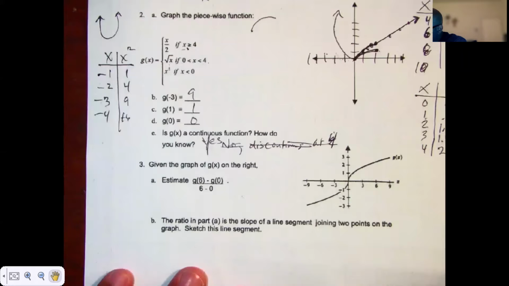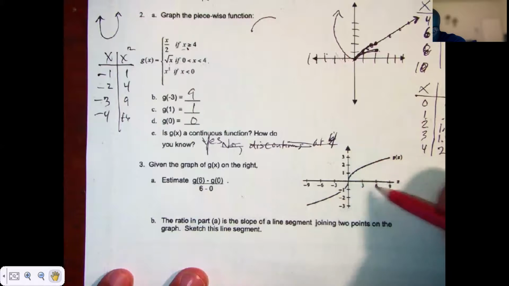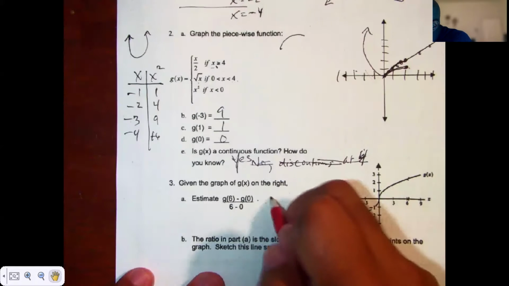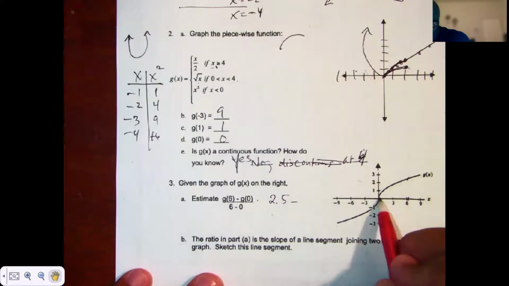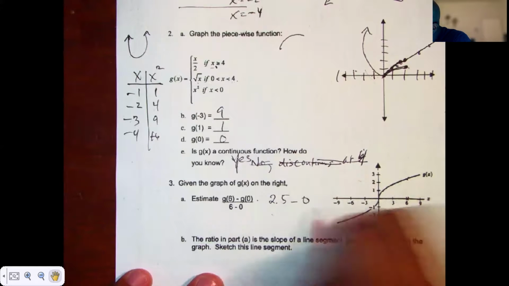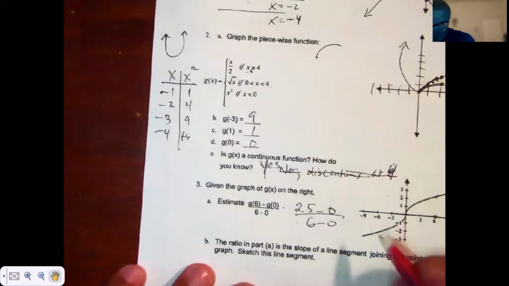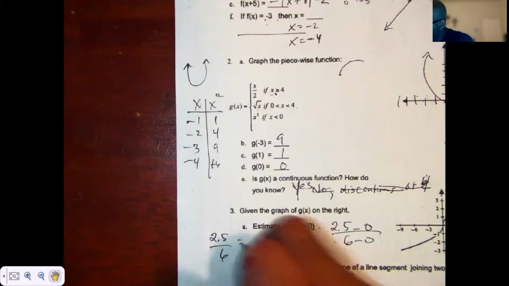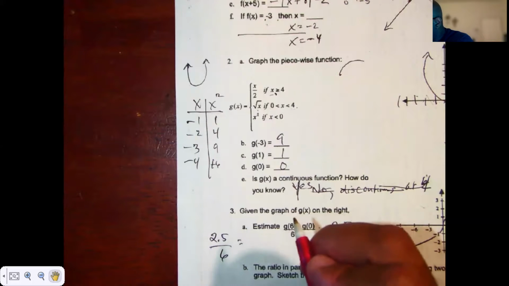Okay. And last case, g of 6 is right here. That looks like 2.5. So 2.5. g of 0 is 0. It's right here. 6 minus 0. So it's 2.5 divided by 6. What's that equal to? Let me see.